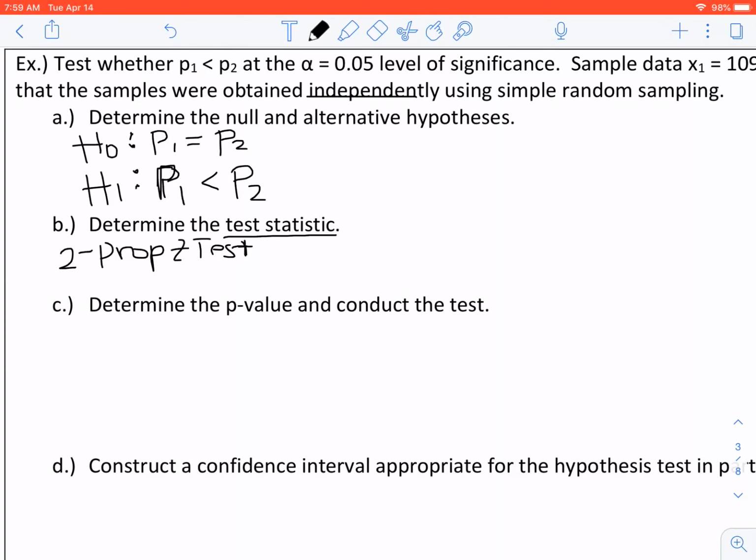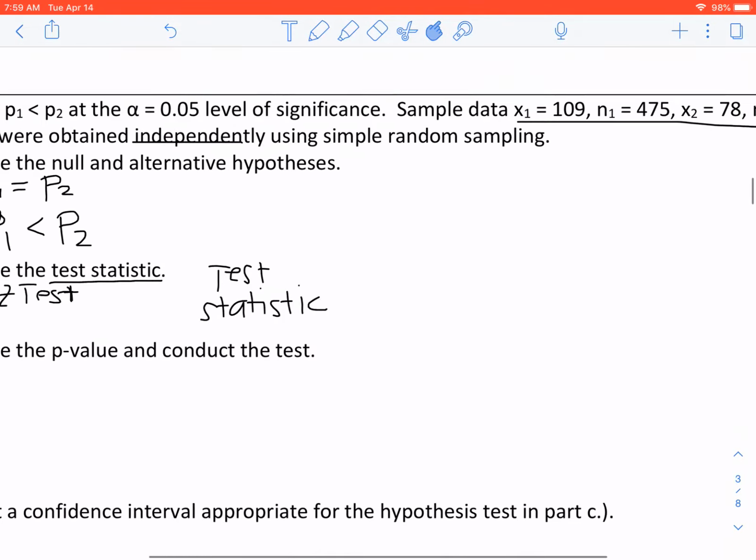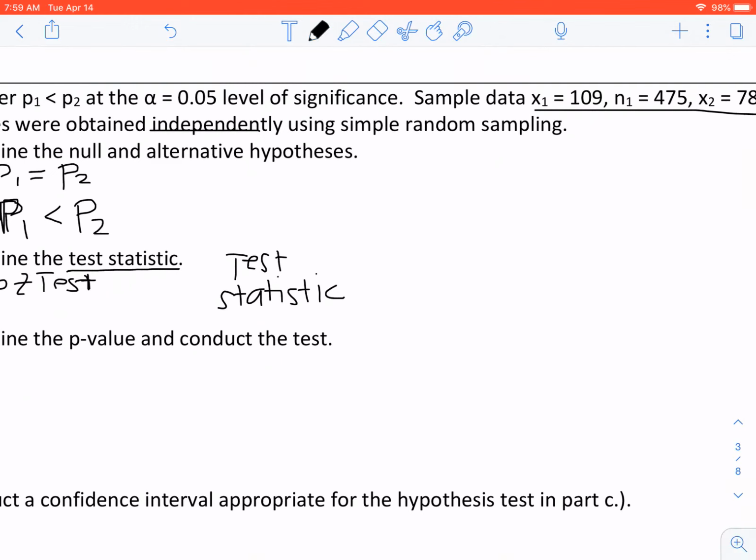And when you go ahead and put all this in, you're going to get a test statistic. And those values that you need to put in are listed just right up here. And your test statistic is going to be z equals negative 0.35.